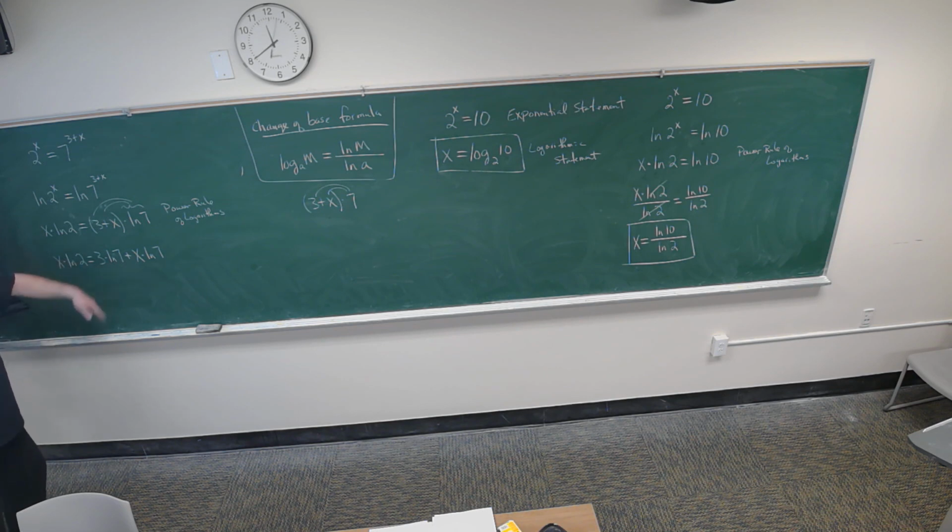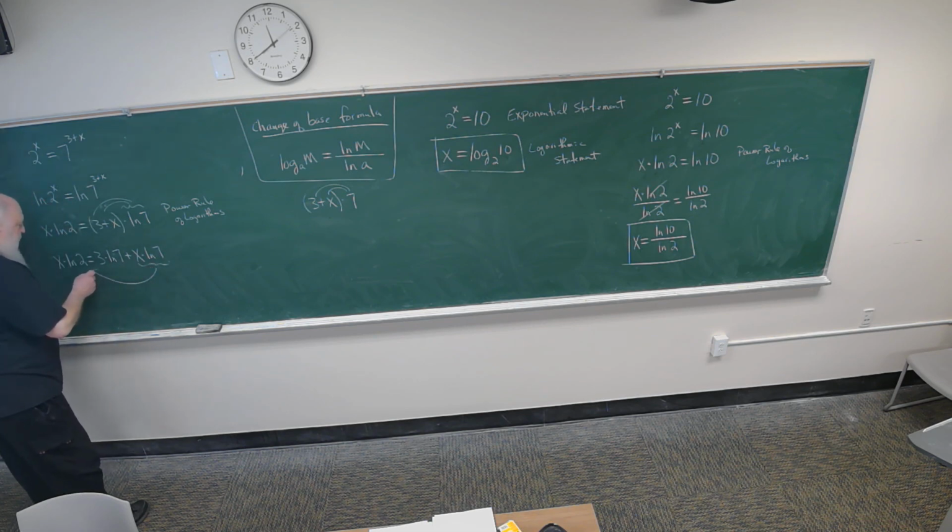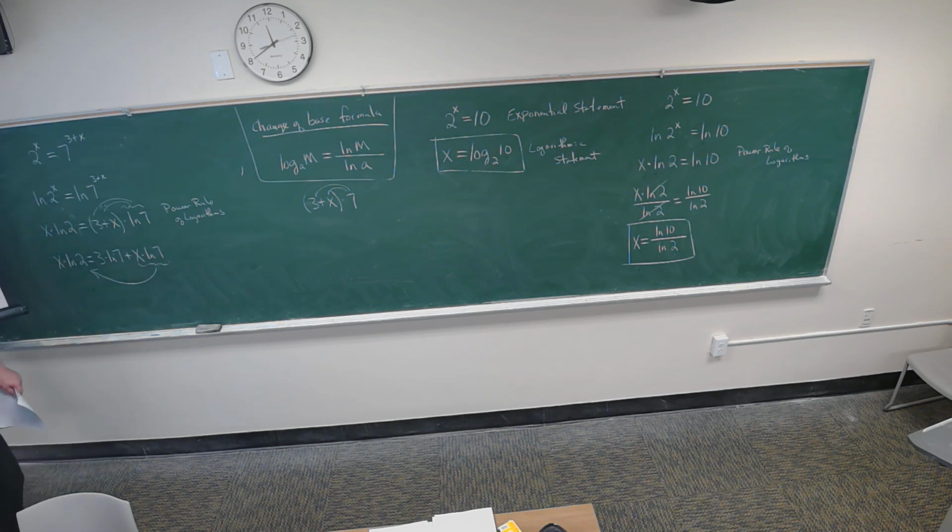We're going to do the same thing. Okay. So we're going to put all the terms with x in it on the left-hand side, and then factor out the x. So I can move x times the natural log of 7 to the left-hand side by a subtraction.